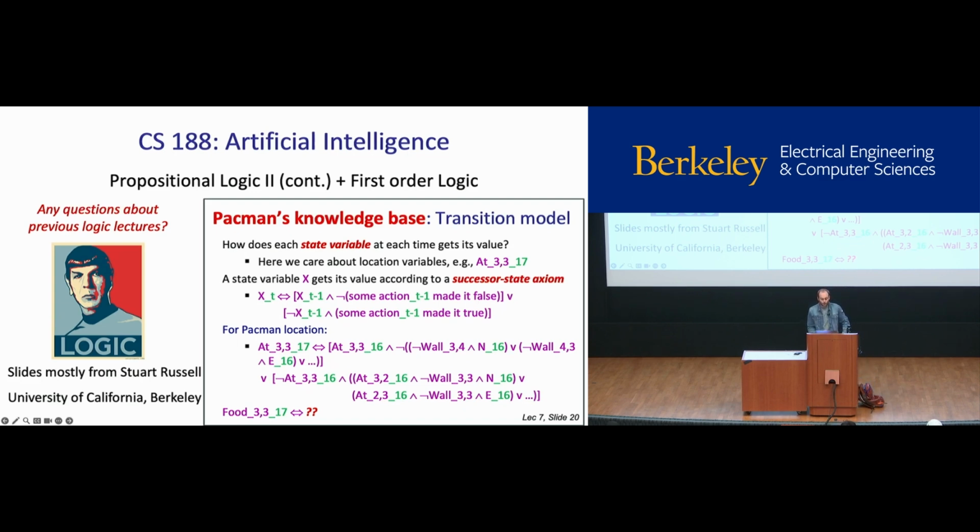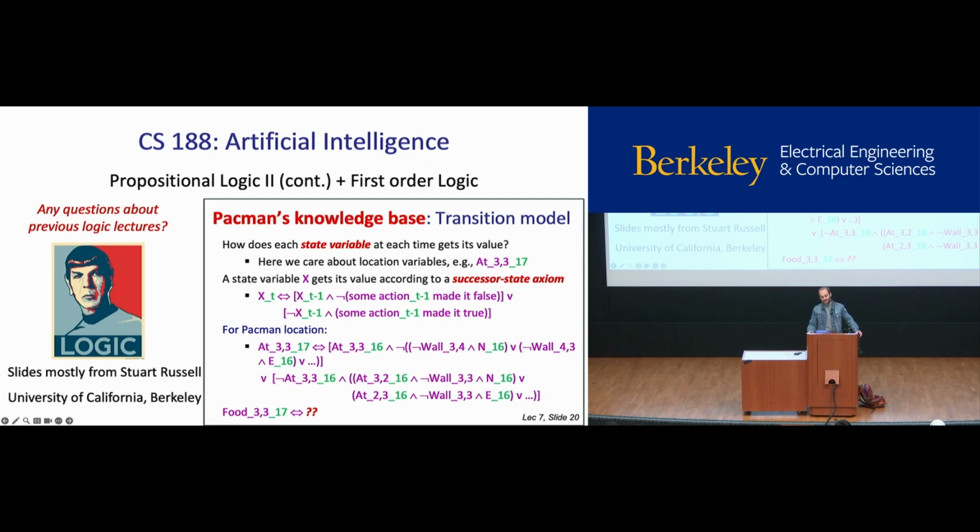And we need to somehow represent everything that the agent needs to know about the Pacman world in the language of propositional logic. So propositional logic has Boolean variables that can either take a value of true or false, and it has possible worlds that assign values to variables.